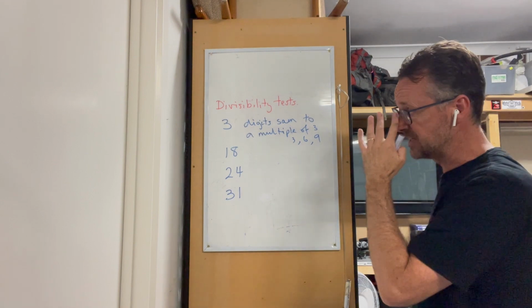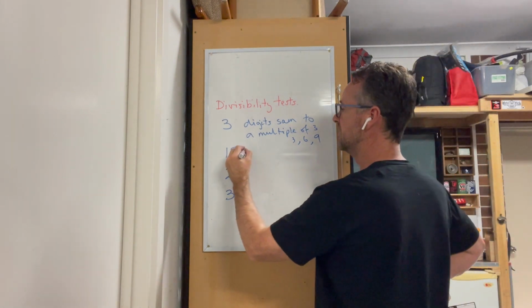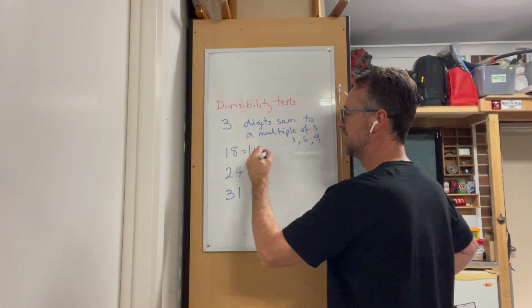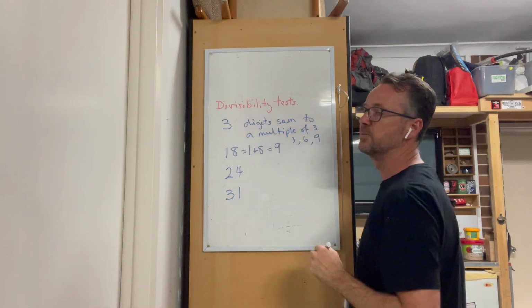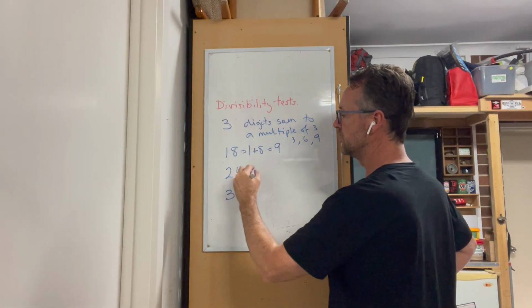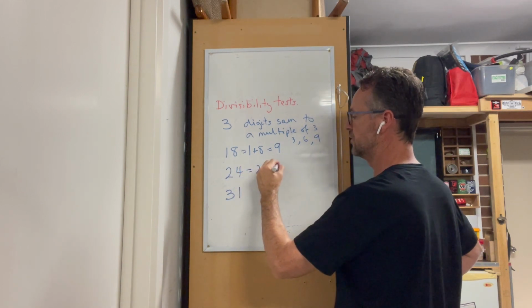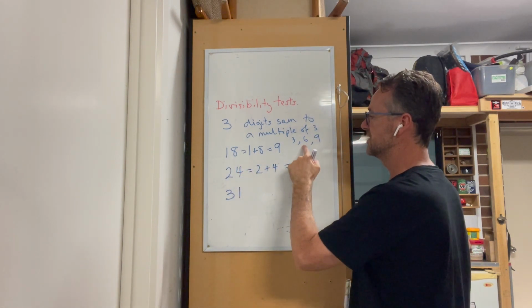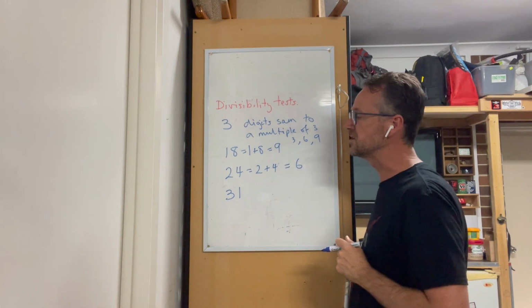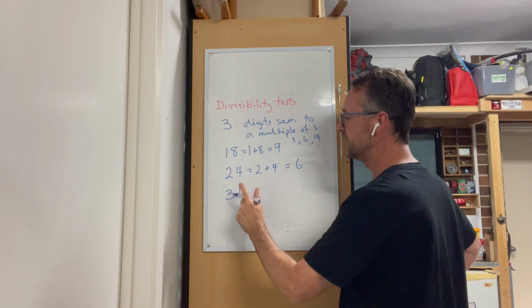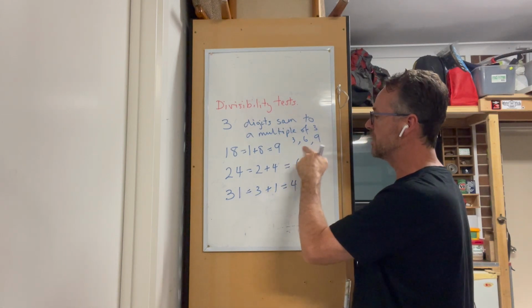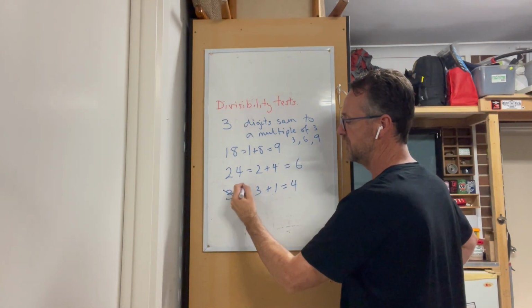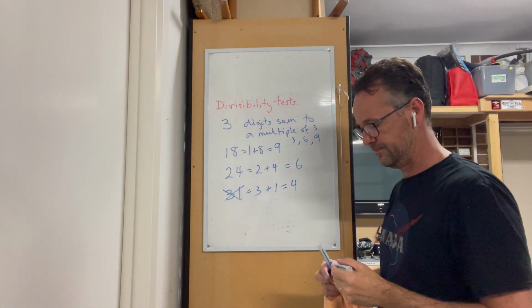So if we look at the example here of 18, 18 is 1 plus 8, and that gives us 9, so yes, divisible by 3. 24 is 2 plus 4, and that's going to equal 6. 6 is one of our multiples of 3, so yes, divisible by 3. 31 is 3 plus 1 equals 4. It's not one of our multiples of 3, so 31 is not divisible by 3.